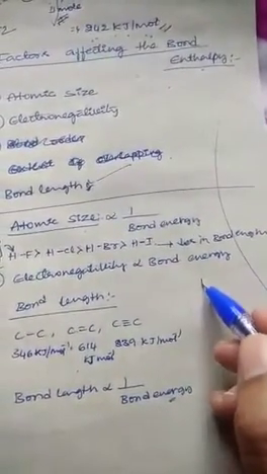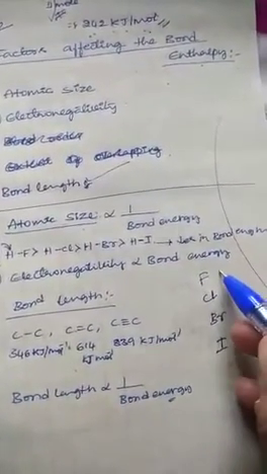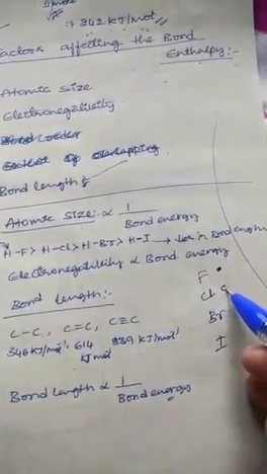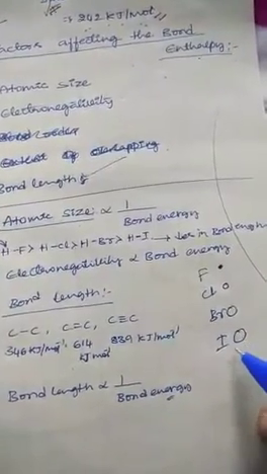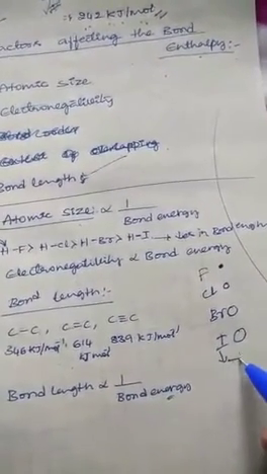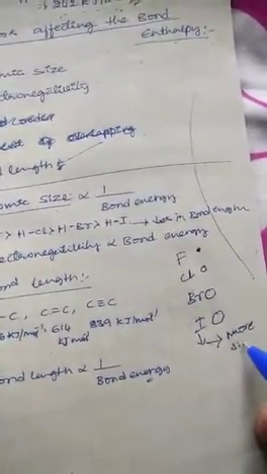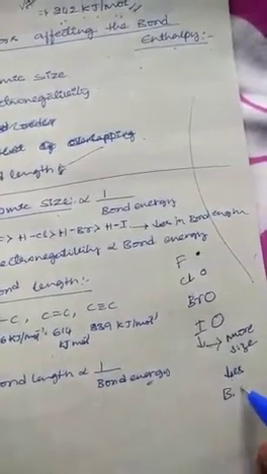In the case of fluorine, chlorine, bromine, iodine, look here, fluorine has a small size when compared to chlorine, bromine, and iodine. So iodine has a larger size. More size means it decreases bond energy.